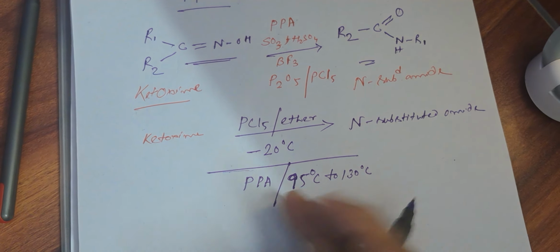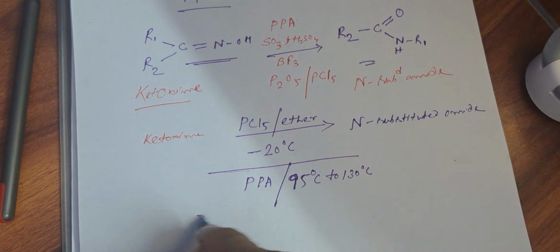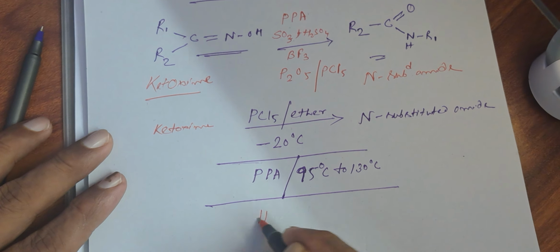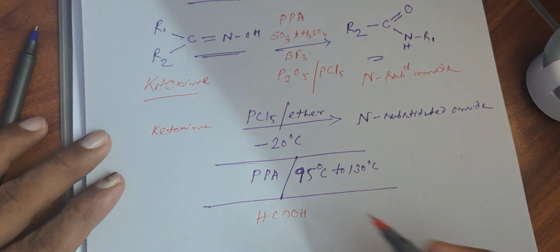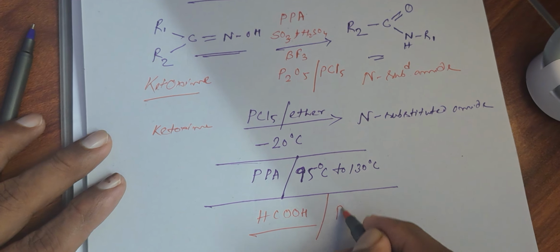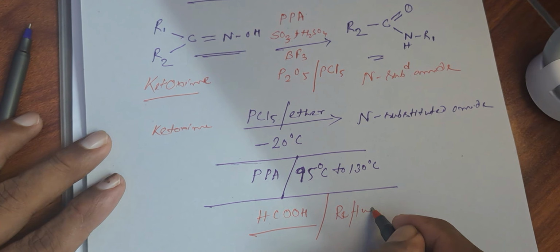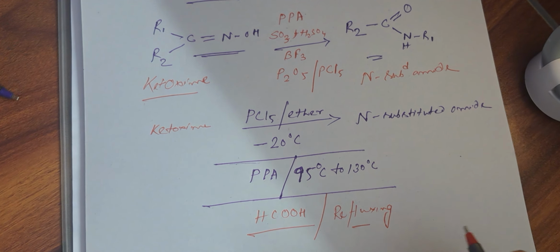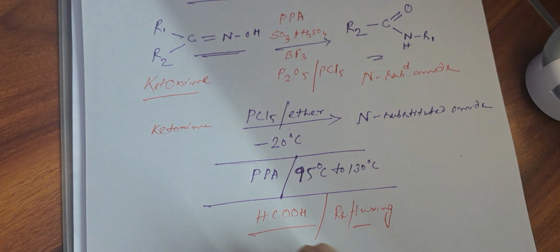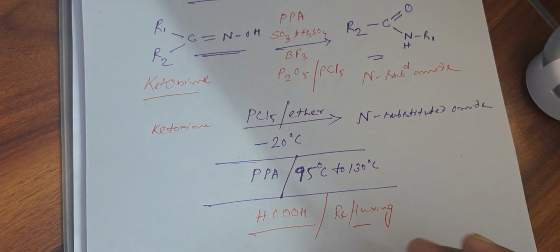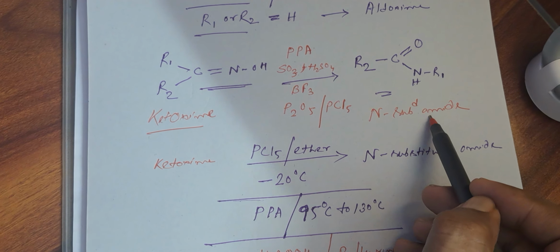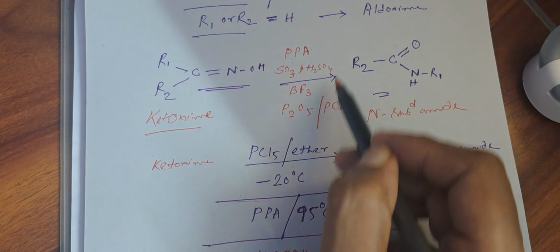Similarly, suppose you are taking formic acid, HCOOH. When choosing formic acid, that time it is simply refluxing. So these are the conditions which need to be maintained while opting different acids. When your job is to convert ketoxime into N-substituted amide, these are the possible options with you.